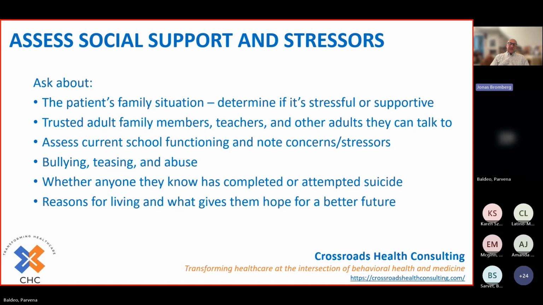For children who obviously spend a lot of time in school, their current school functioning, and whether that may be a source of stress and problems, we want to note that. Socially, whether children are exposed to bullying or teasing or other sorts of abuse. And again, things that allude to these risk and protective factors, and whether they've shared these thoughts with anybody in their social network. Next, please.